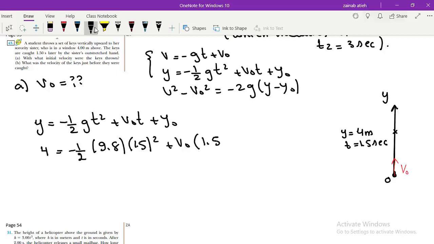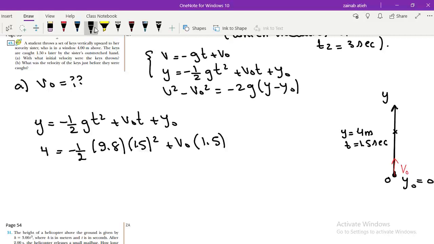It is the initial position when we threw the keys. I took O as the place where the student throws the keys. So y0 is 0.